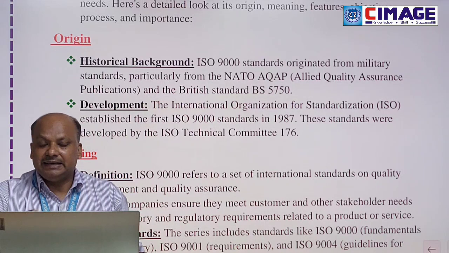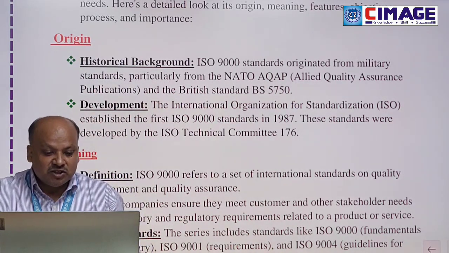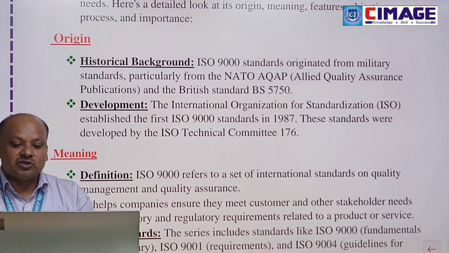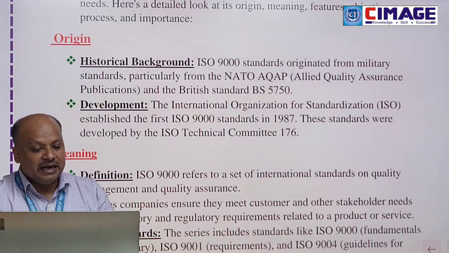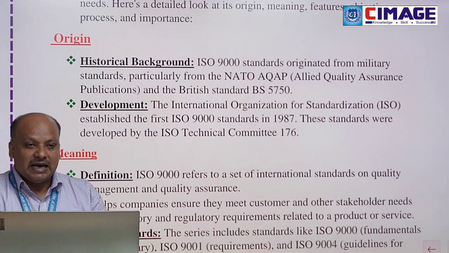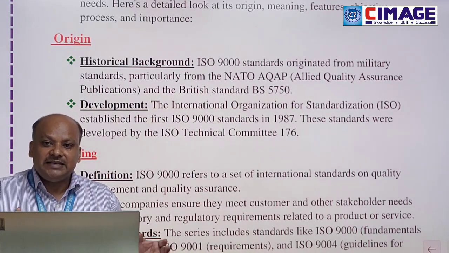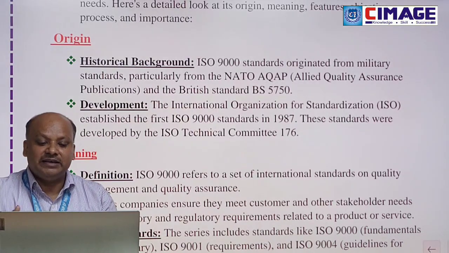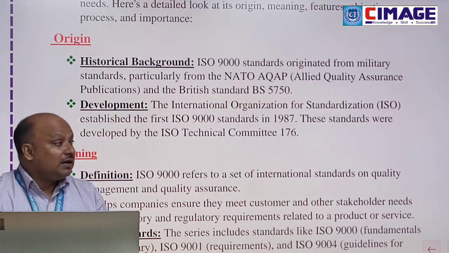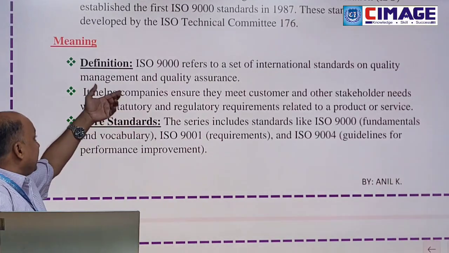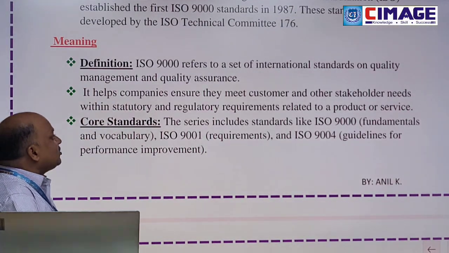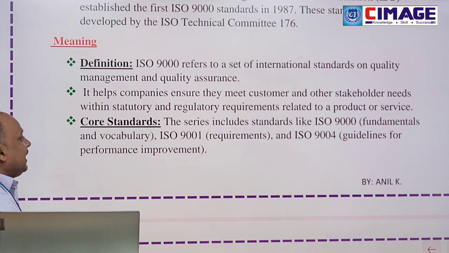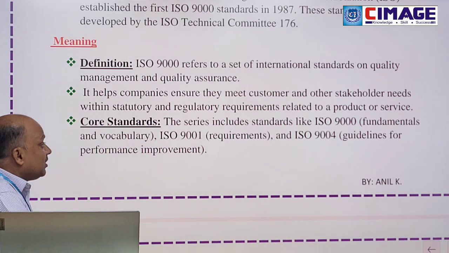Now the meaning: if I go with the definition, ISO 9000 refers to a set of international standards on quality management and quality assurance. As we already said, ISO is completely related to the quality management system and quality assurance. How does it work in a company?